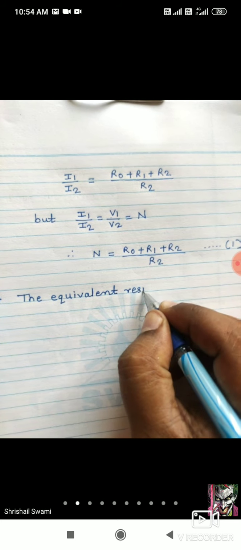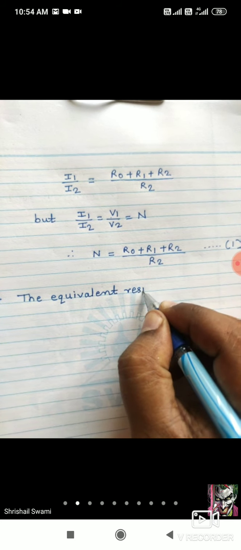Carefully observe equation number 1. Yes. R1 plus R0 remains as it is, and R2 divided by R2 plus R1 plus R0 can be replaced by 1 upon N. The bracket remains as it is.